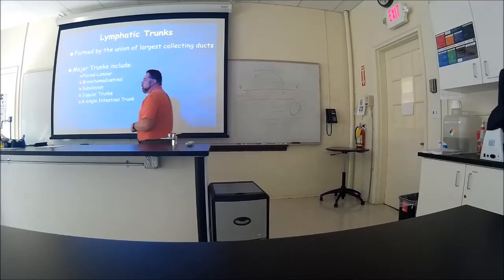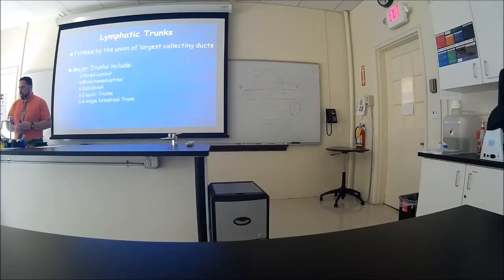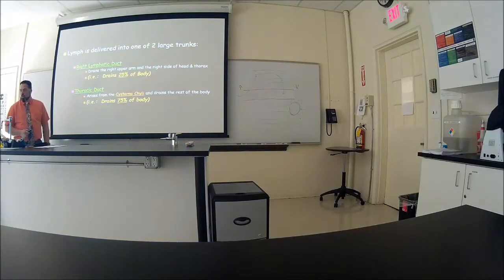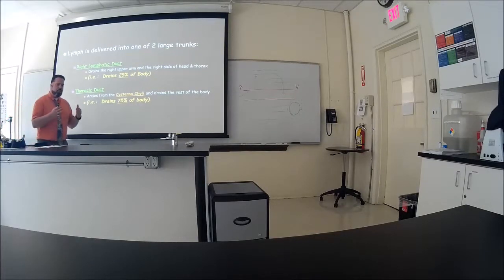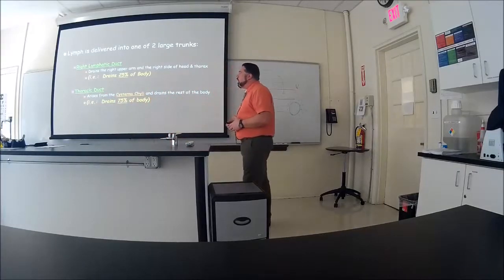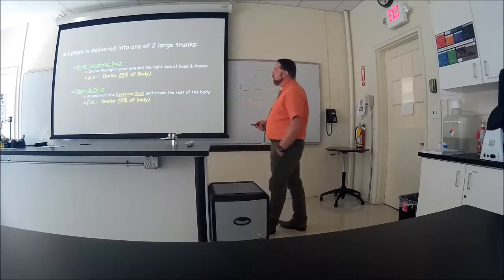Lymphatic trunks are formed by the union of the largest collecting ducts, and we have major trunks that are located in these areas over here. Okay? Again, that 25-75% is crucial for you to know. The right lymphatic duct will drain the right upper arm, the right upper side of the head, and thorax.